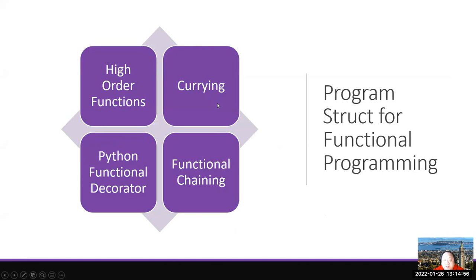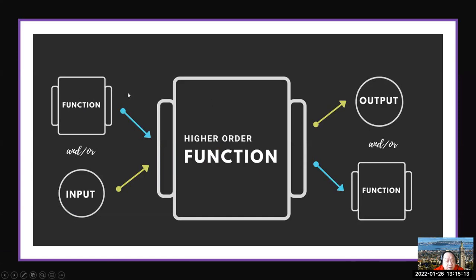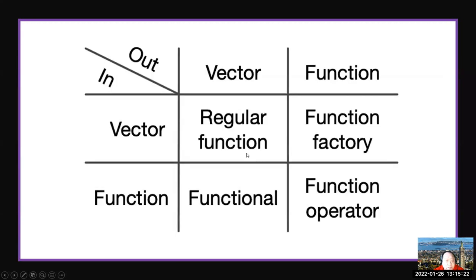In addition to functools, which provides the default map, reduce, and filter, here we are talking about the general programming structures available in Python that support functional programming. With a higher order function, you can pass a function and variable into a function, and you can generate a variable or function as well. We discussed this already.